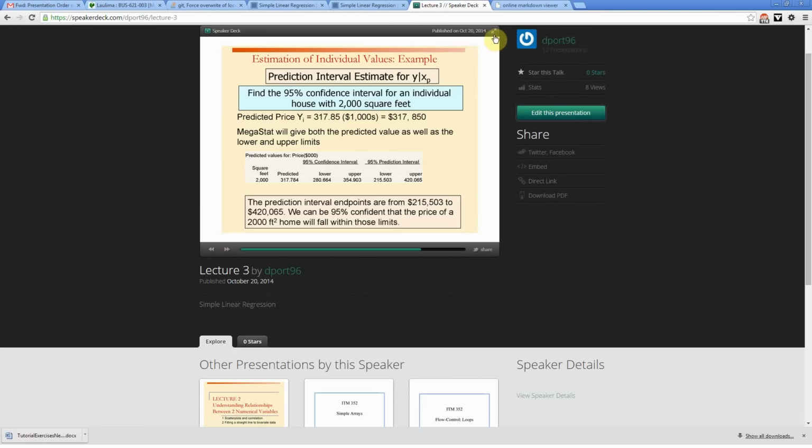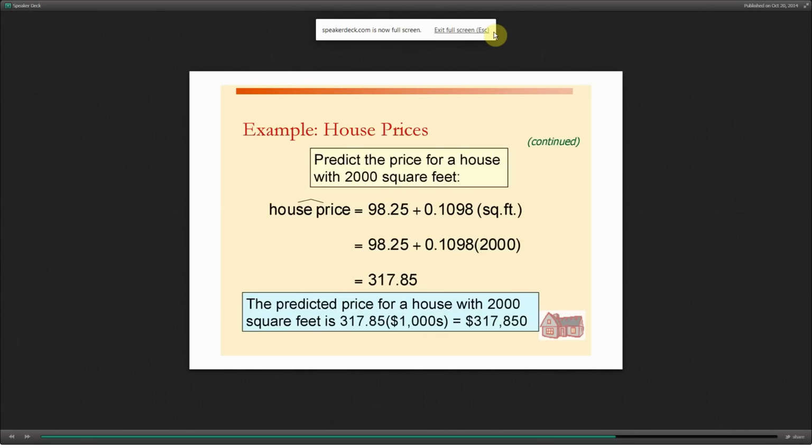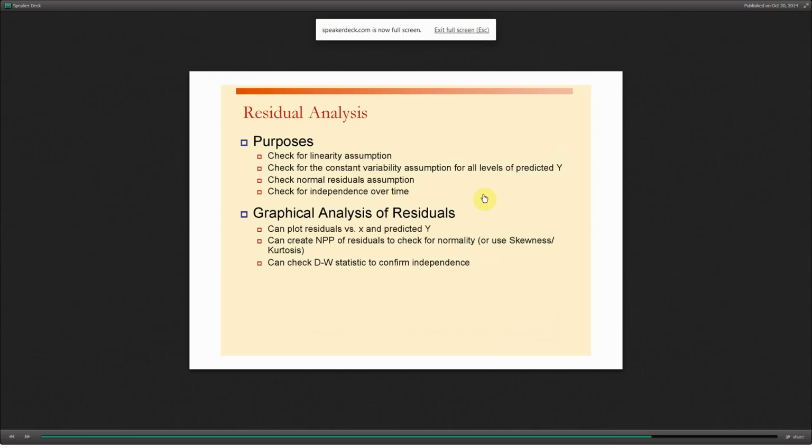Okay, going back to our topic. When it comes to checking the validity of assumptions, oftentimes a picture is worth 1,000 words. So often graphing things will really help you quickly determine whether there are any issues with your assumptions. So we're going to do a graphical analysis of our residuals.